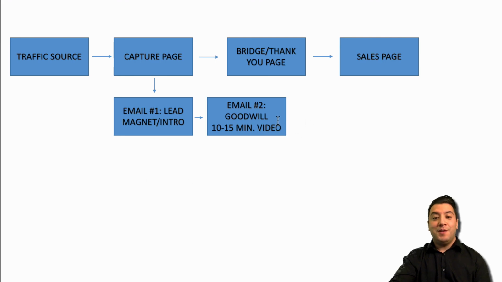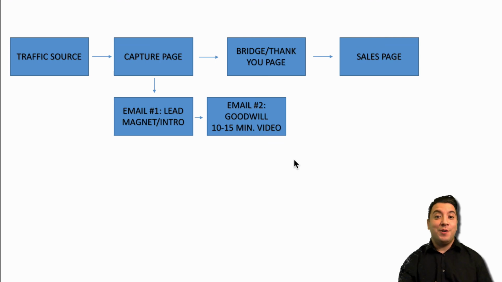So, email number 2. You want to have a goodwill sort of mindset with email, right? You don't want to just spam. And you've probably heard of the Gary Vaynerchuk book, Jab, Jab, Jab, Right Hook. Well, the jabs are little snippets of value that you're offering, right? You want to keep your new subscribers engaged with you.